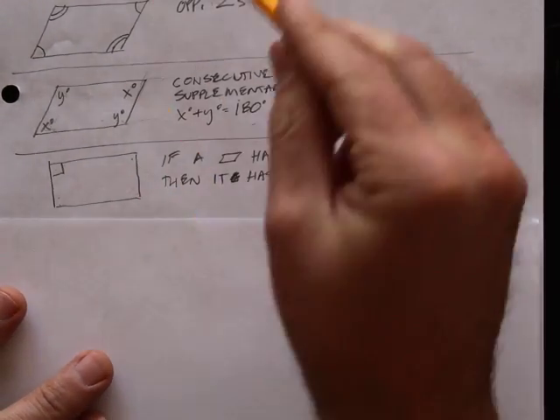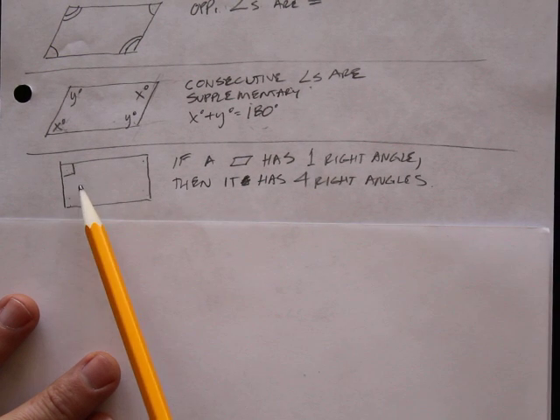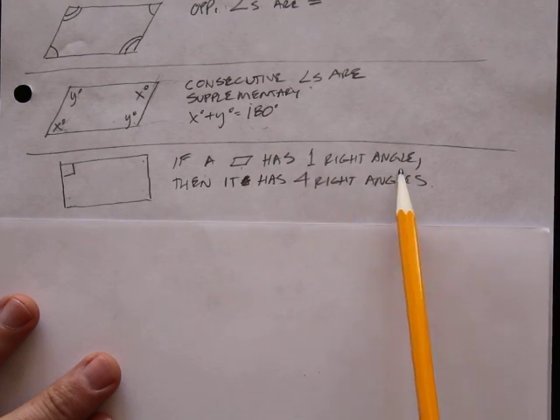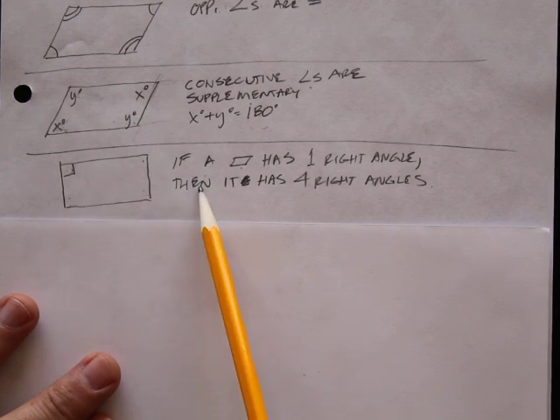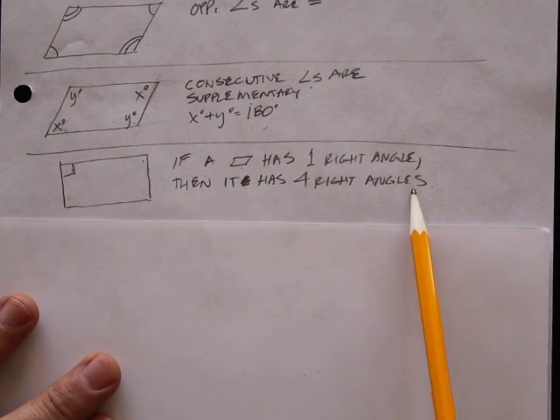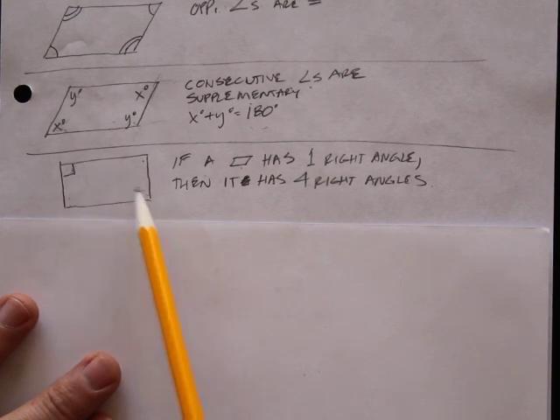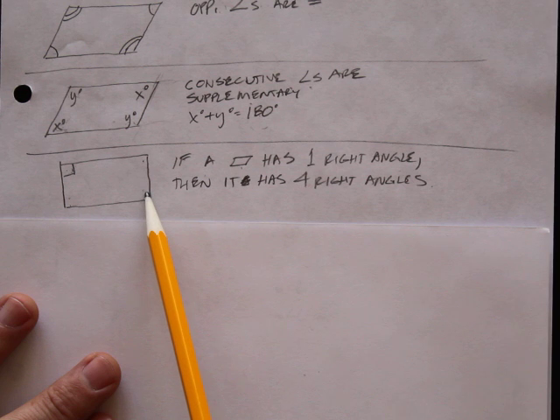So this is still part of the parallelogram thing here. If a parallelogram has one right angle, then it has four right angles. If it has one right angle, then you know the opposite one is a right angle as well.